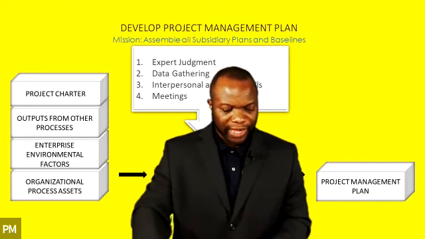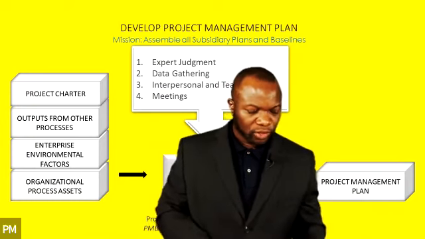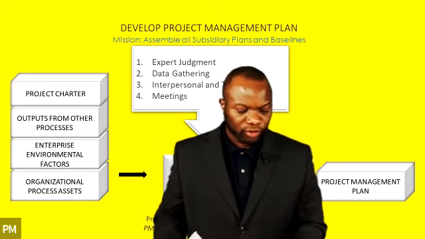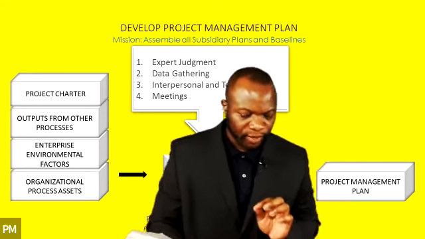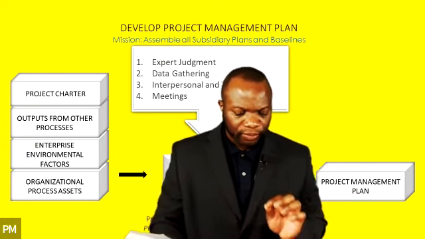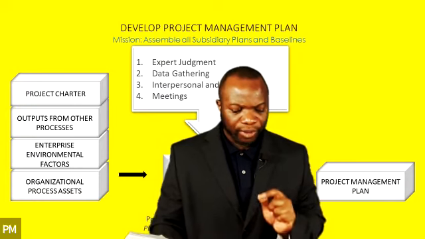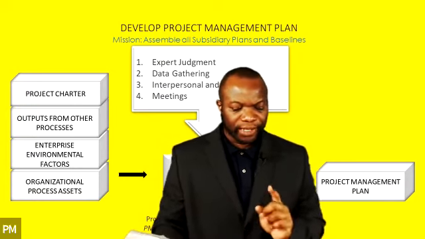So open up that guide of yours to page 82. All right, come on now. Page 82, what does it say? It says, develop project management plan is the process of defining, preparing, and coordinating all plan components and consolidating them. Wait a minute.